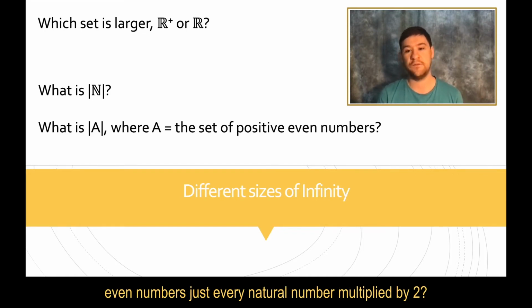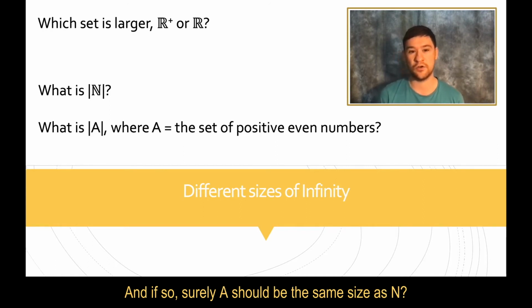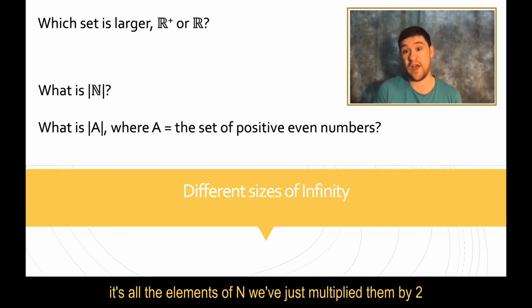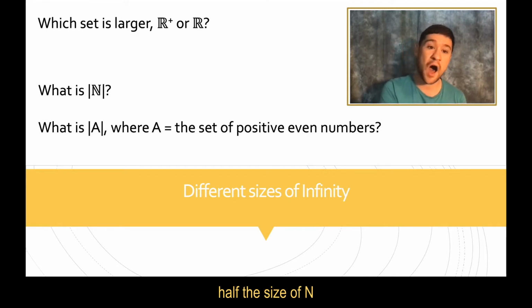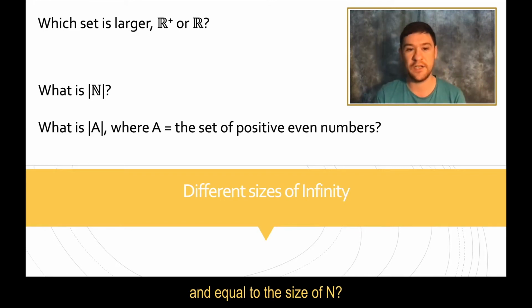Aren't the positive even numbers just every natural number multiplied by 2? And if so, surely A should be the same size as N? It's all the elements of N, we've just multiplied them by 2. So how can the size of A be both half the size of N and equal to the size of N?